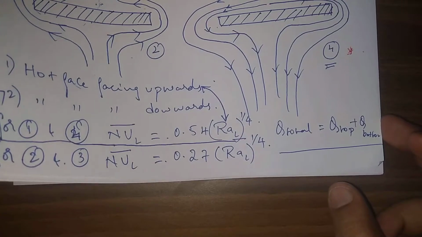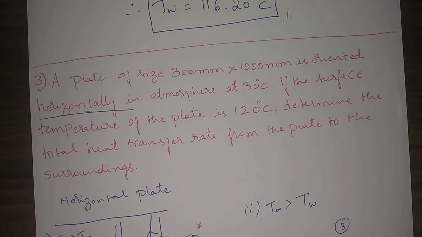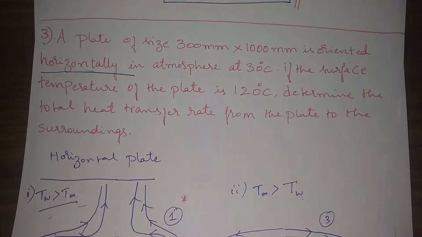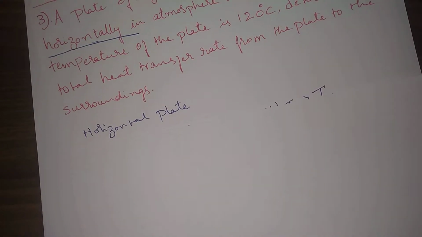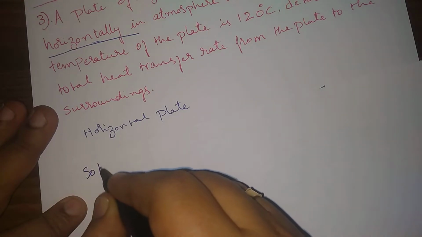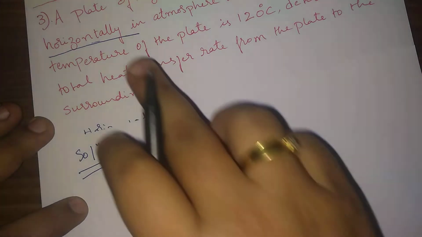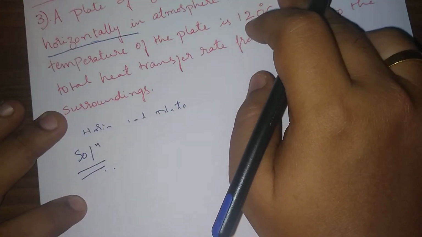Okay. So with this, we shall now try to solve the problem that I have written here. So let me take another sheet. A flat plate of size 300 mm into 1000 mm.